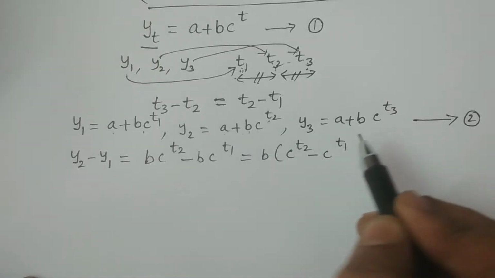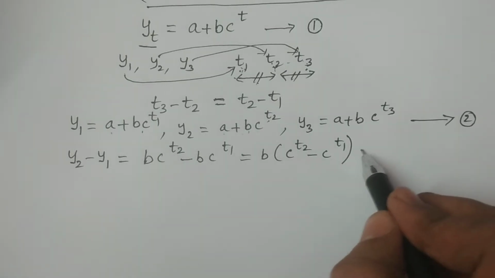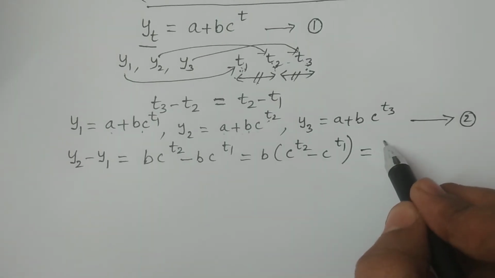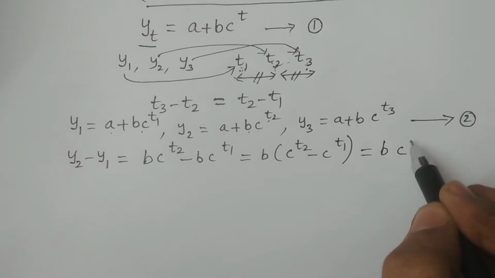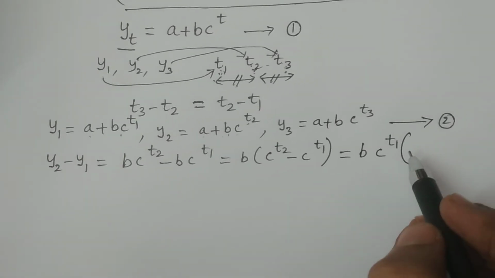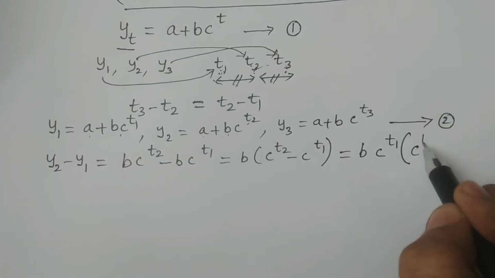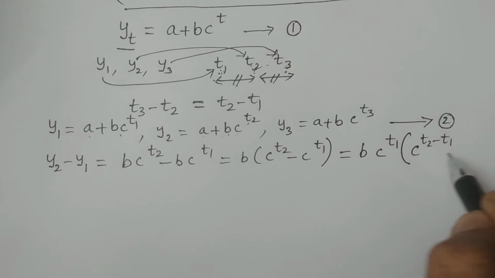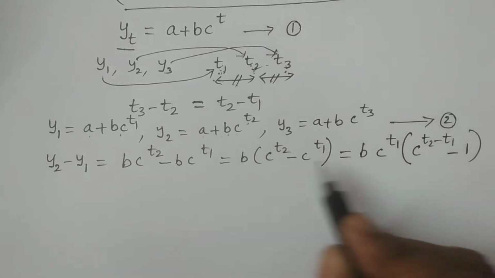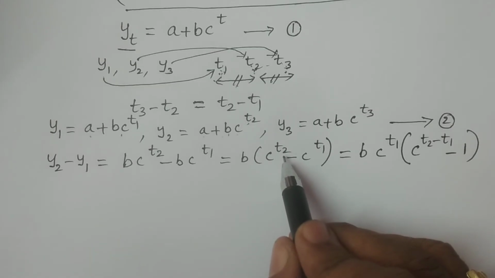Now what I am doing is taking b into c power t1 common, so that it becomes c power t2 minus t1, minus 1. Here I am subtracting t1 and adding t1 in the power: c power t2 minus t1 plus t1.